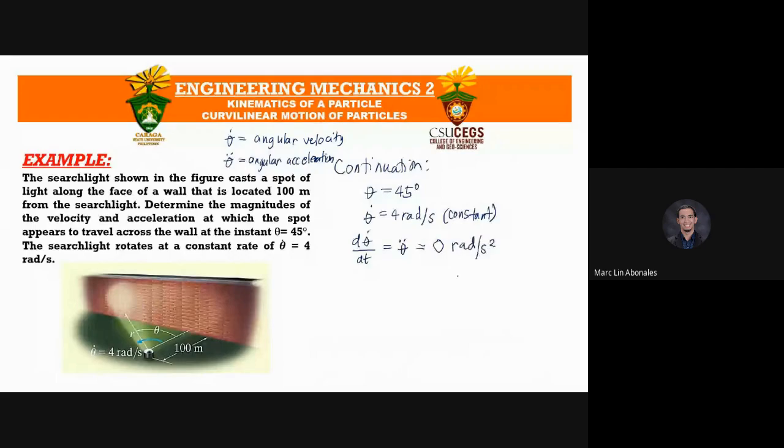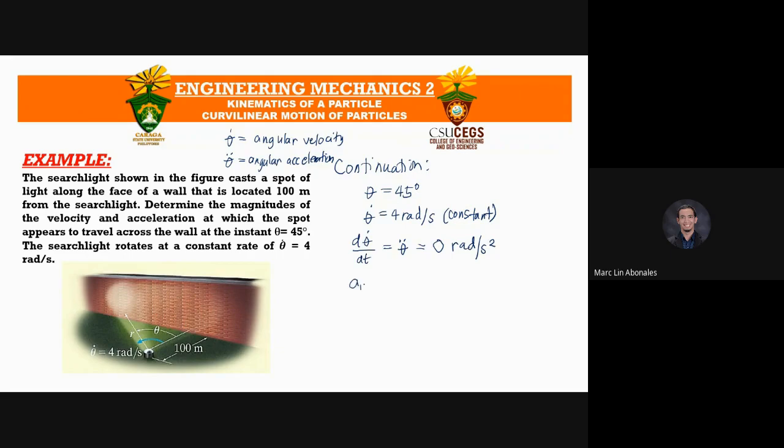So the value of theta double dot, or the angular acceleration, would be 0, because the derivative of a constant is 0. So we can now determine the radial and transverse components.